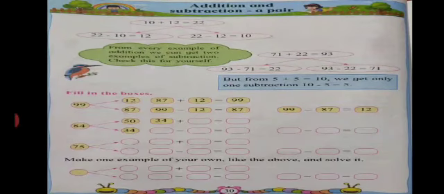From every example of addition, we can get 2 examples of subtraction. But from 5 plus 5 is equal to 10, we get only one subtraction, like 10 minus 5 is equal to 5.